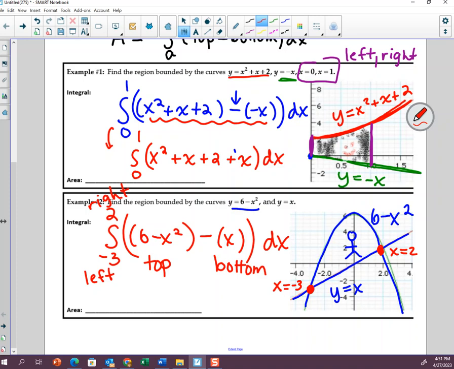Now, I will write out all the work for this. I don't think you need to watch me write it all out. I'm going to also show you another kind of trick here. But this guy's going to come out to be 125/6.